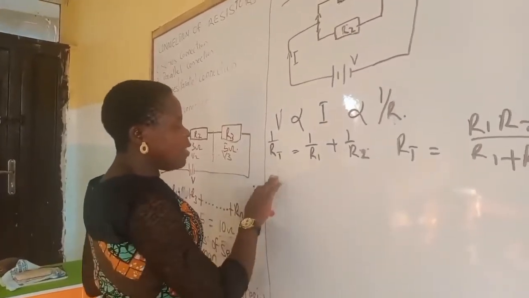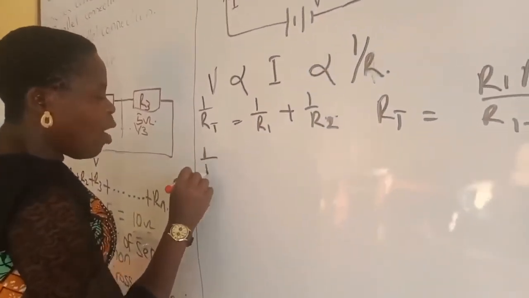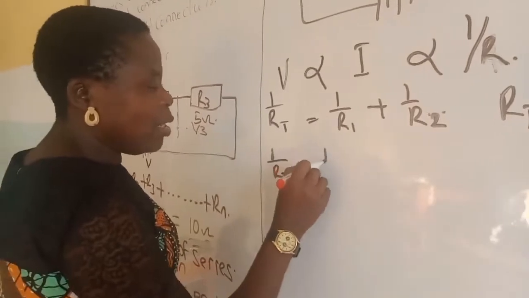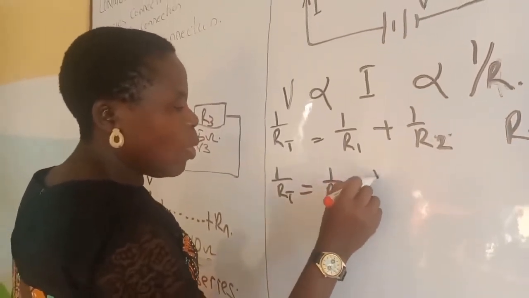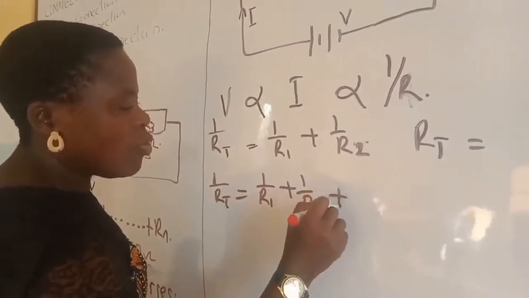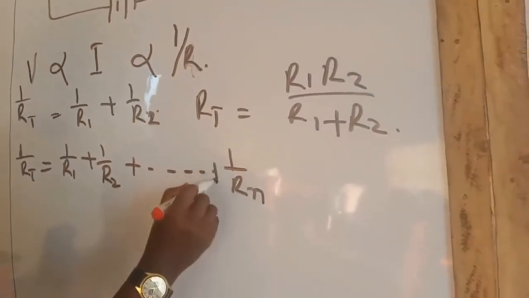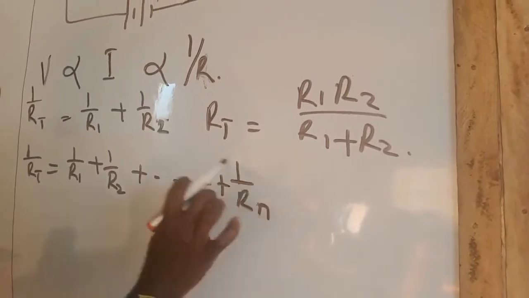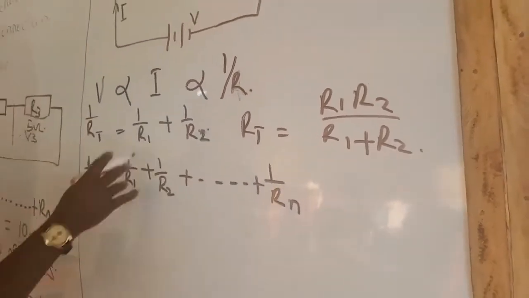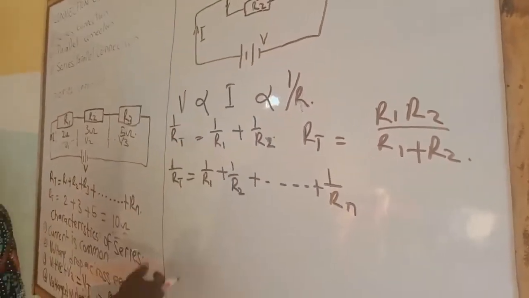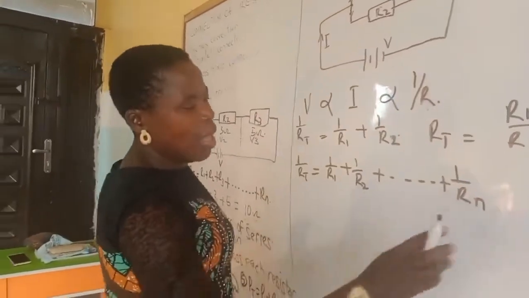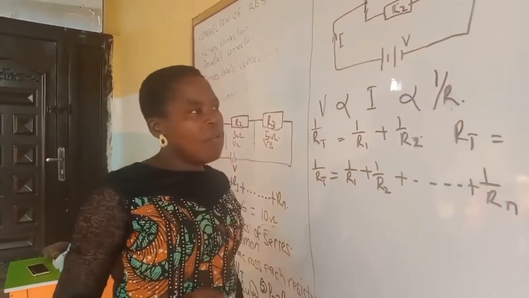It will still be the same thing here for the number of R. That is 1 over R1 plus 1 over R2 plus 1 over Rn, for the number of resistors used. That is what this means. So if you have more than 2 resistors, more than 3 resistors, you are still applying the same formula.